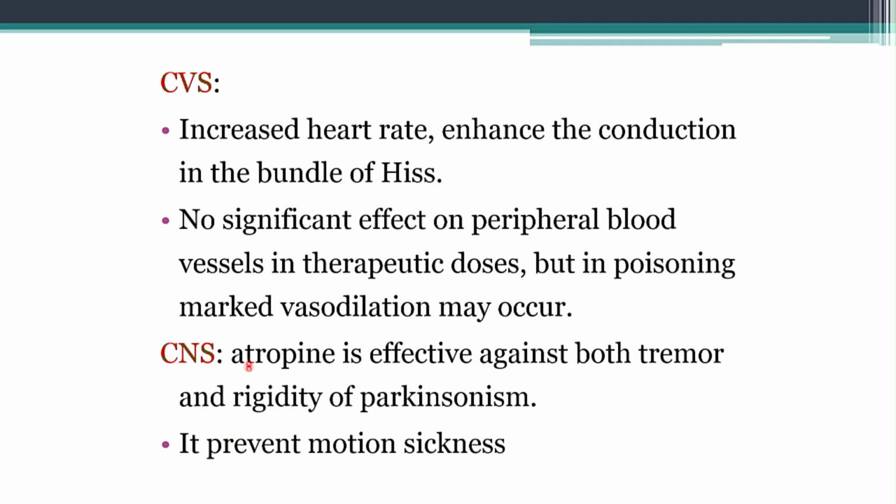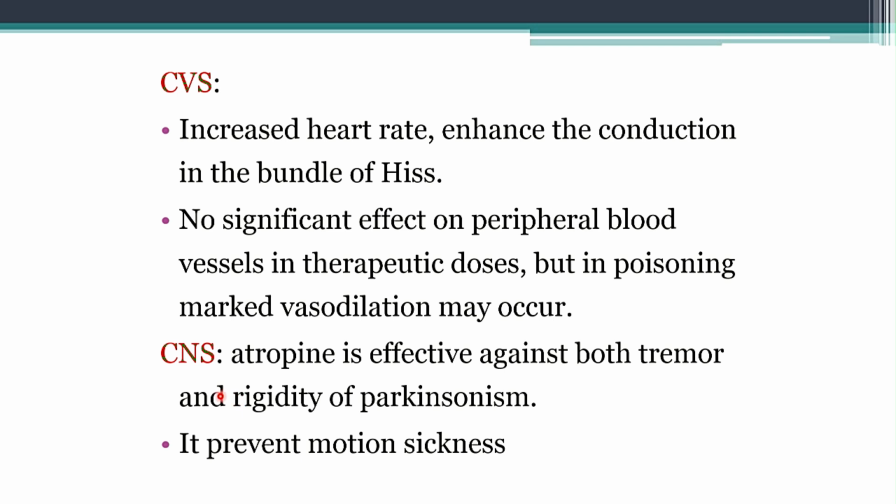On the cardiovascular system, atropine increases the heart rate and enhances conduction in the bundle of His. There is no significant effect on peripheral blood vessels at therapeutic doses of atropine, but in poisoning, marked vasodilation may occur.